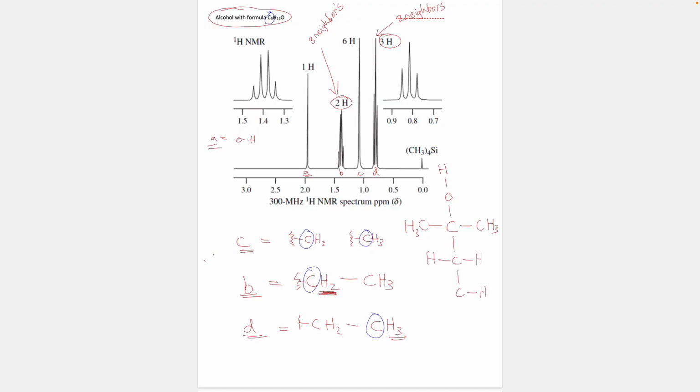The reason I'm drawing it like this is to emphasize that there's a mirror plane of symmetry in this molecule that bisects it right down the middle, which is why the 2 methyl groups are the same as each other and give the same signal. It integrates to 6 because it's one signal for all 6 protons. Okay, that's an example of one of these.